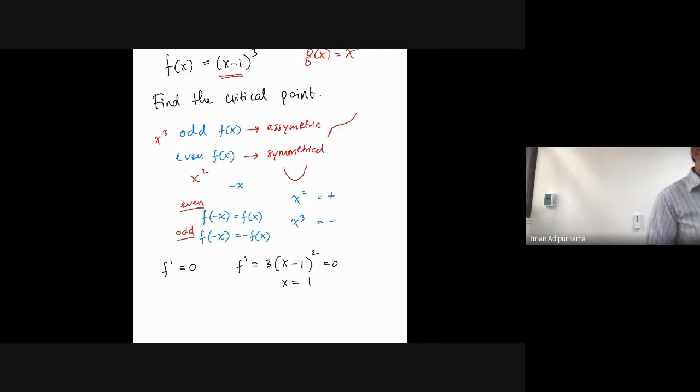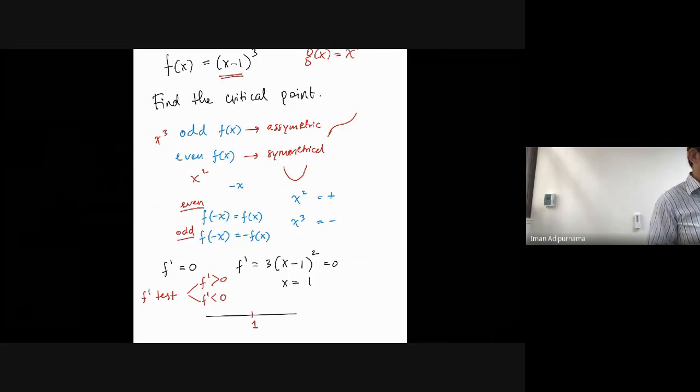So what does x equal 1 mean? If you want to check, the first derivative test, let me write the f prime test. This is to check whether it is going from positive to negative or from negative to positive, or maybe the same signs.